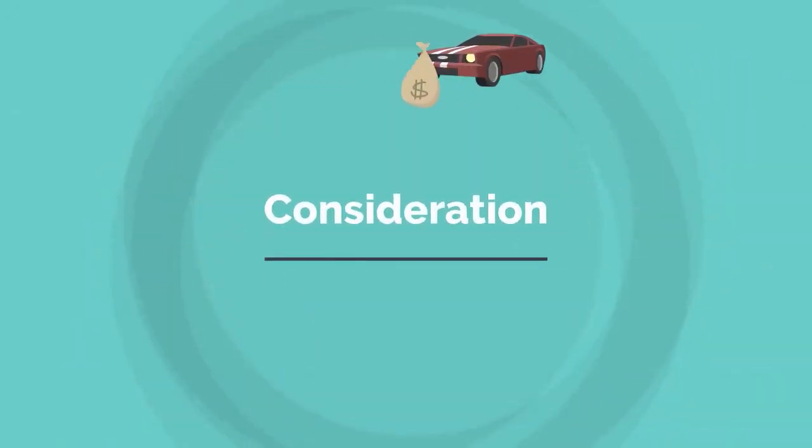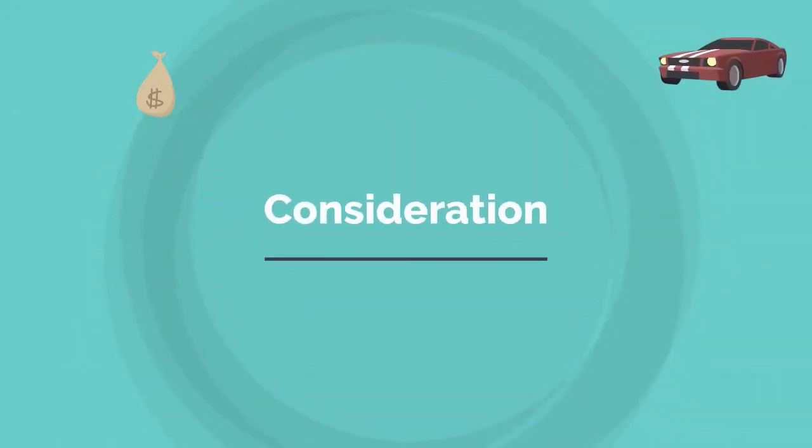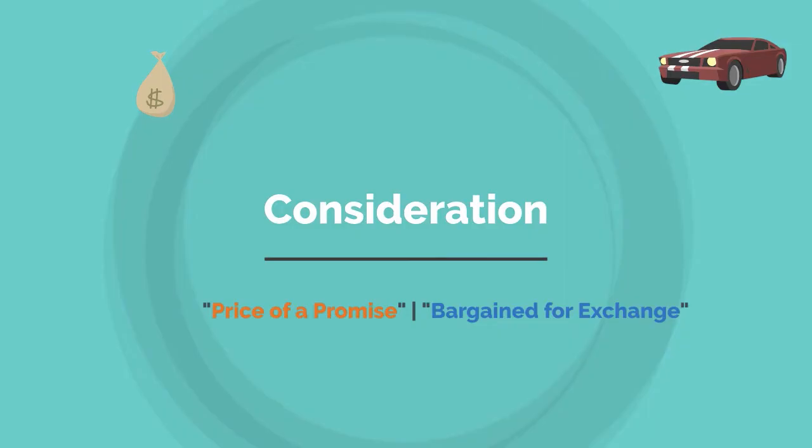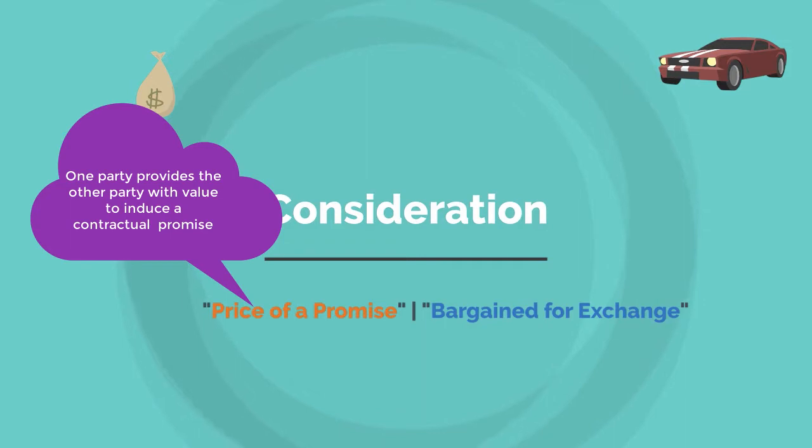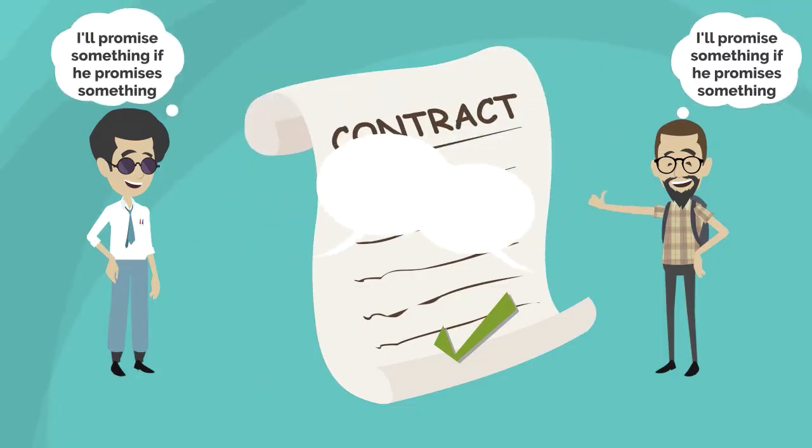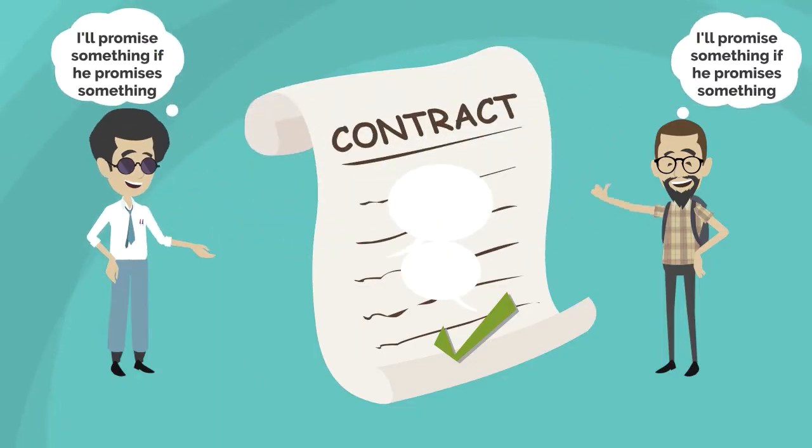You'll see consideration referred to as the price of a promise, or as a bargained for exchange, because as in our example, the promise of $20,000 was the cost of the promise to sell the car. Another way to think of this is that one party's consideration induces the counterparty's promise.